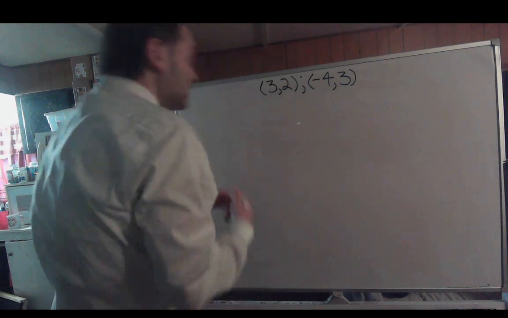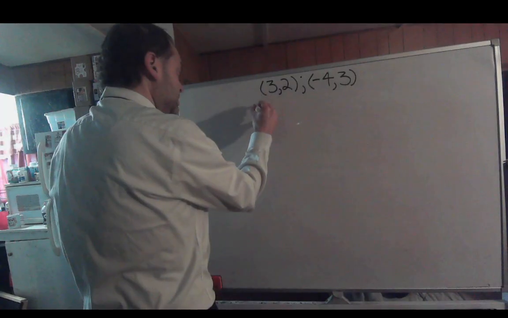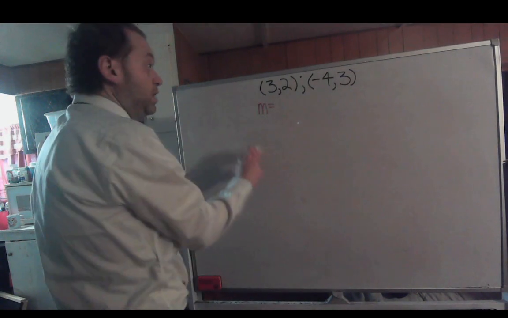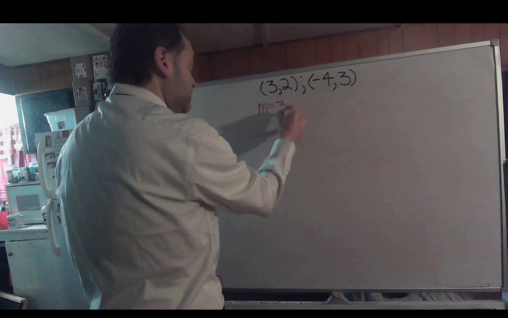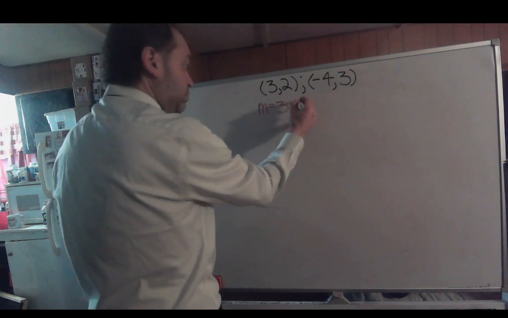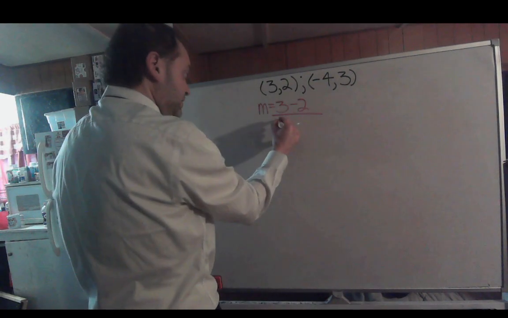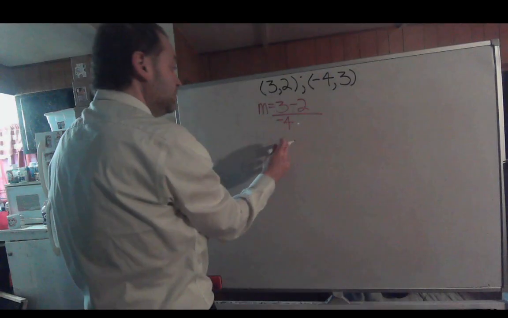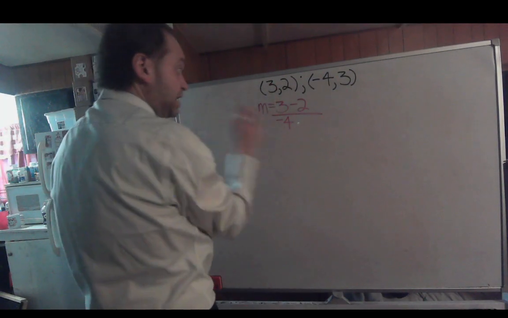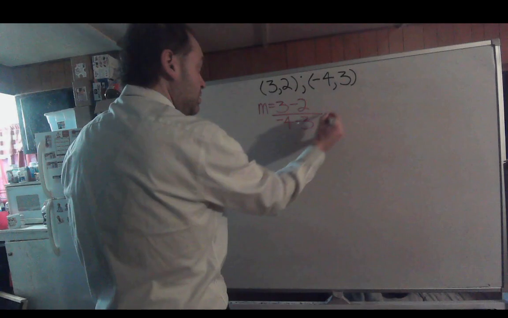To find the slope, I will take my second y coordinate of 3 minus my first y coordinate of 2. I'll divide all that by my second x coordinate of negative 4 minus my first x coordinate of 3.